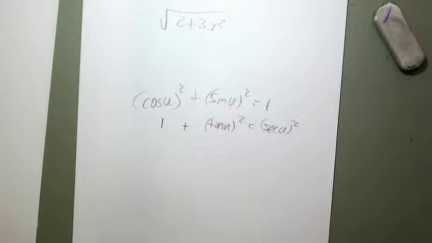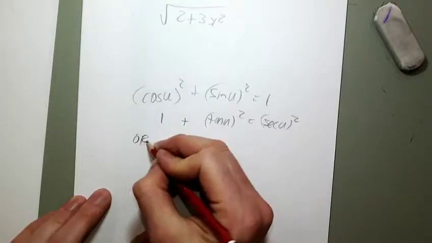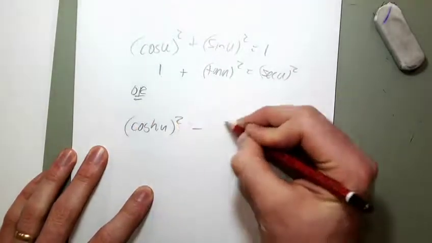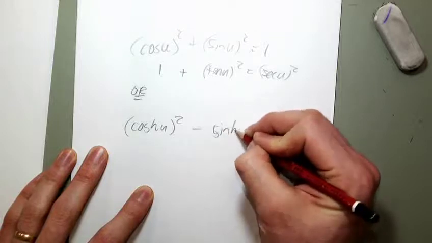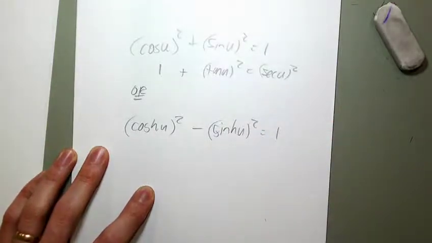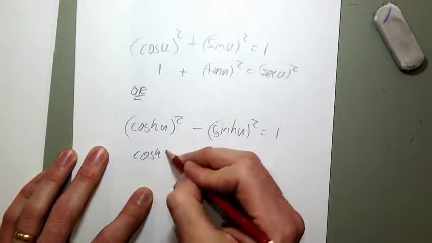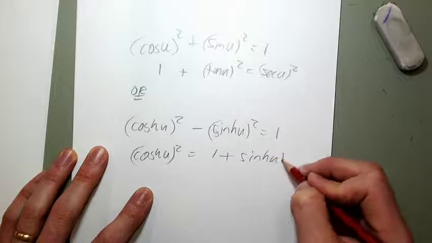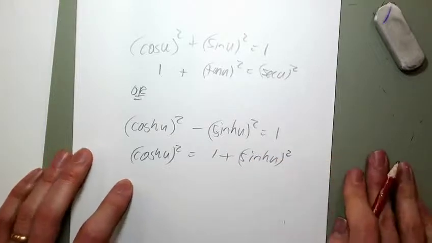Alternatively, instead of using a trig substitution, you could do a hyperbolic trig substitution, which is kind of nice.